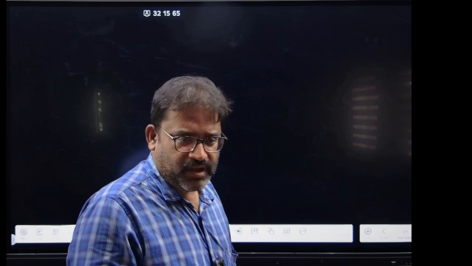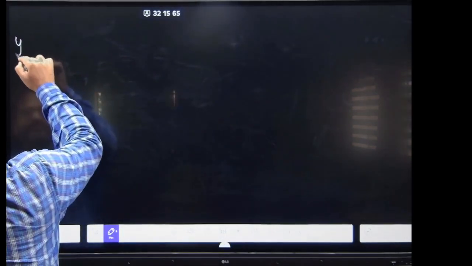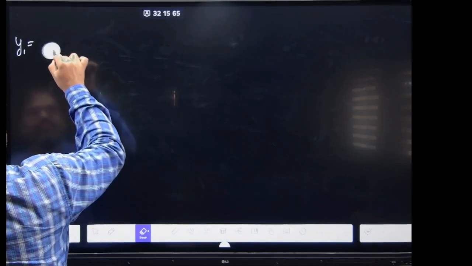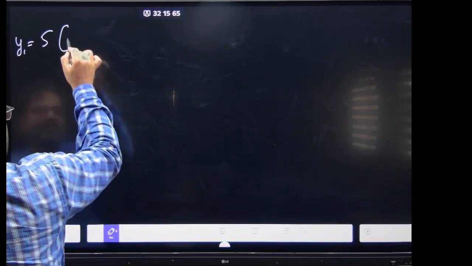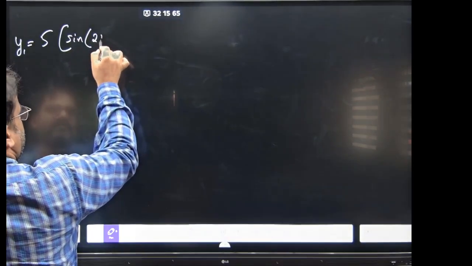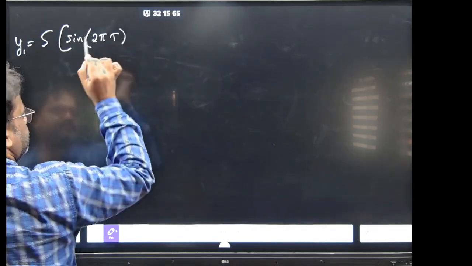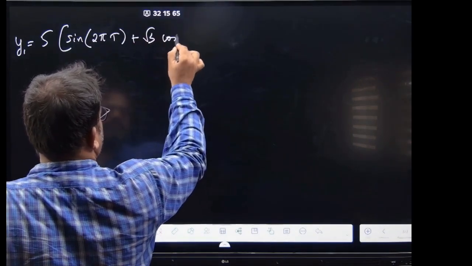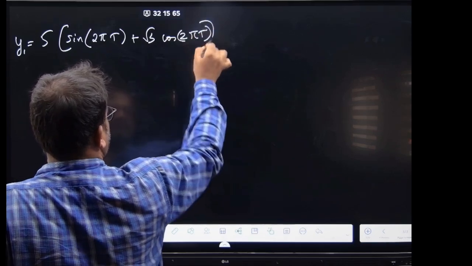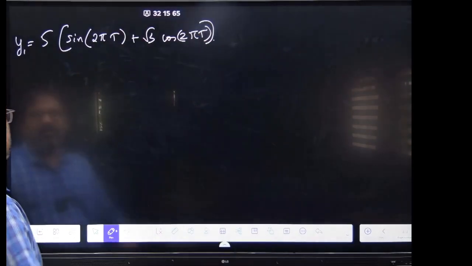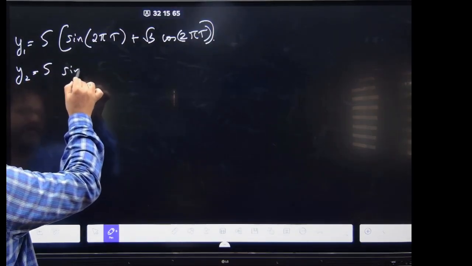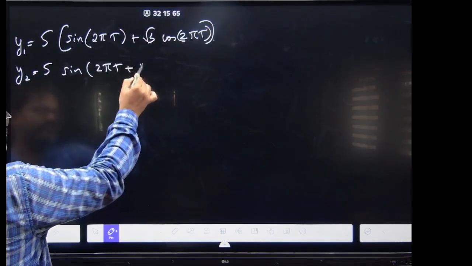So now when you go for the equation, there are two equations put up. What are those two equations? y1 is equal to 5 (sin of 2πt plus √3 into cos of 2πt). Now the second equation is y2 is equal to 5 sin(2πt + π/4).